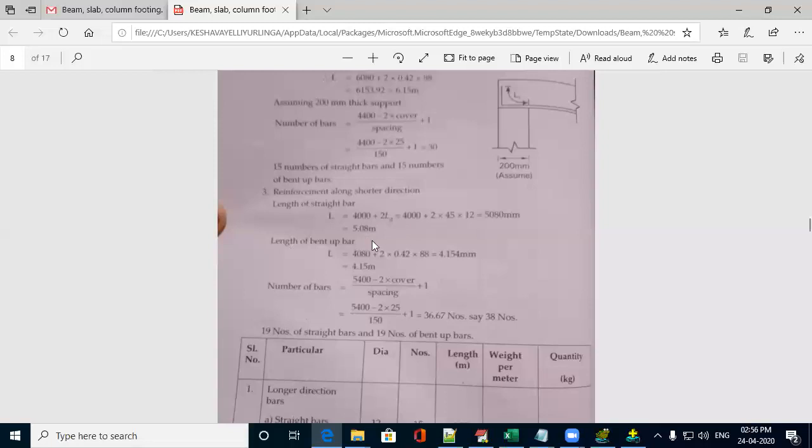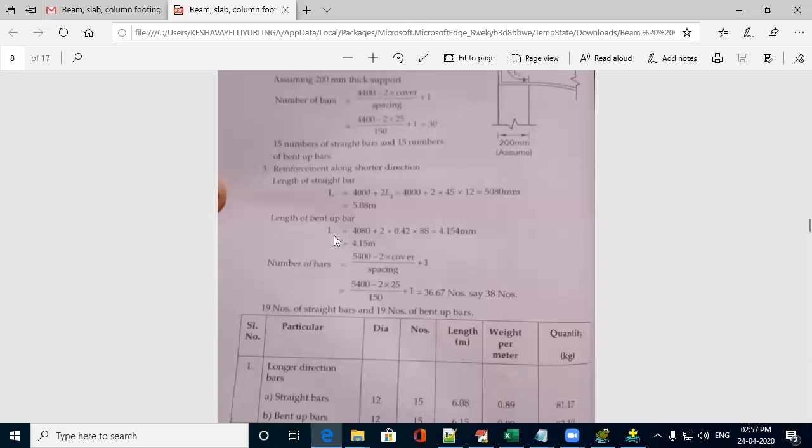Similarly, for bent up bars, add for this. Kindly make the change here. Length of straight bar will be 5.08 meter.